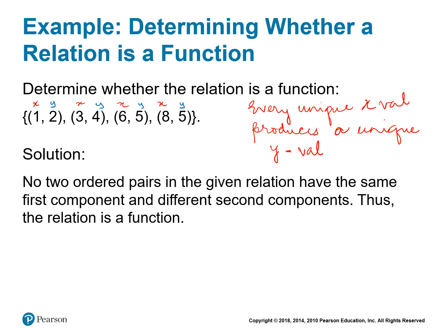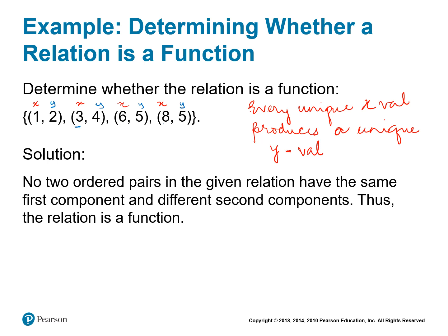We don't have any other 1 for x values, so we are good. Look at 3. There's only one ordered pair with a 3 for x. Is there any other 3 for x values? No. Then we have a 6 and an 8 for x values.